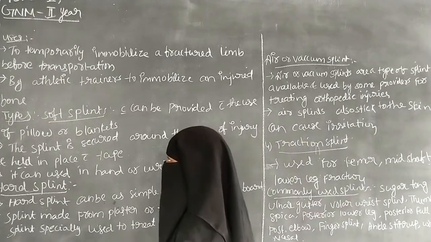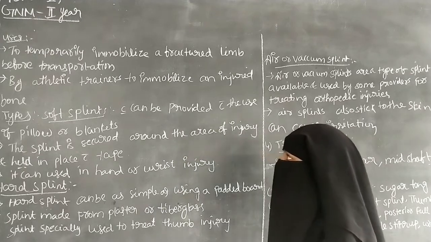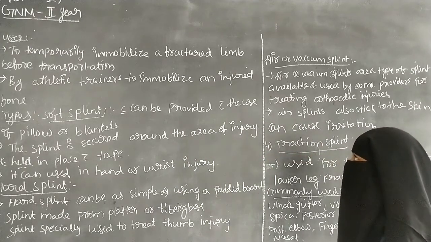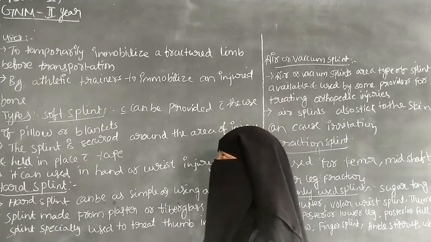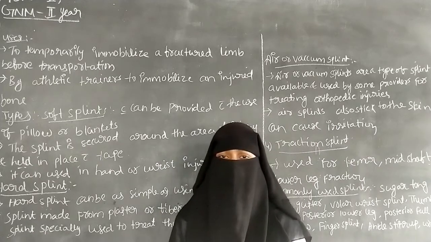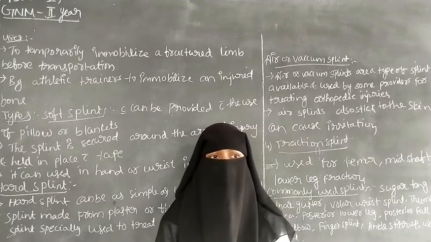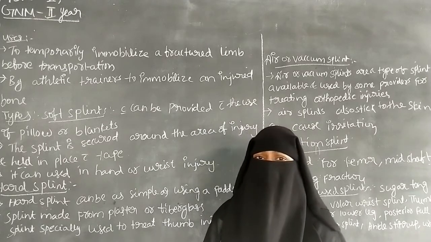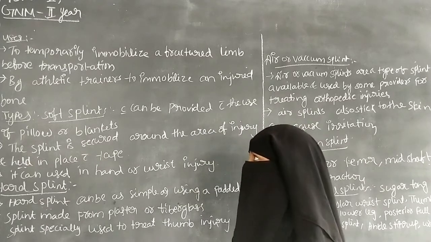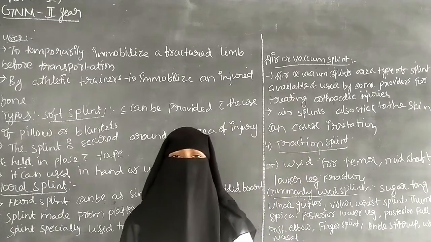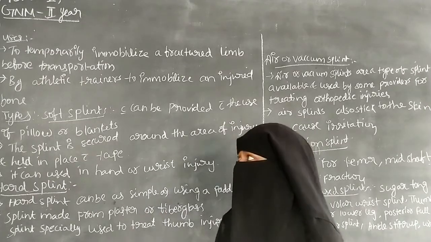Next, it is used by athletic trainers to immobilize an injured bone. Splints are mostly used by athletic trainers, because athletes have more chances of joint damage or fractures, so athletes mostly use the splint.